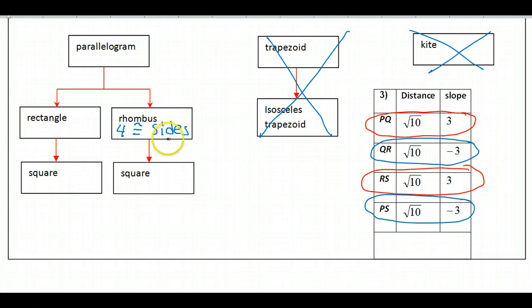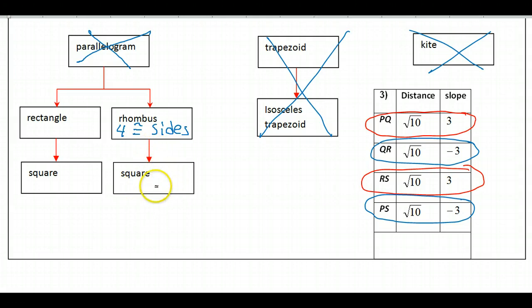Okay? Now the only question is, can I get even more specific? So I'm done with parallelogram. I'm not going to say the word parallelogram. I'm at rhombus now. So the only question is, can I be even more specific and call it a square?